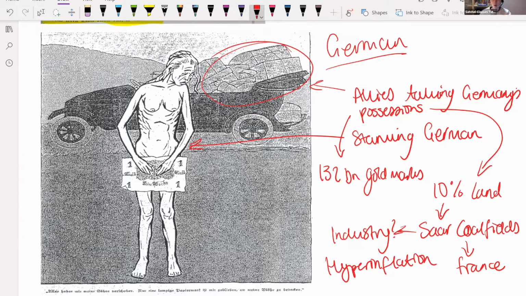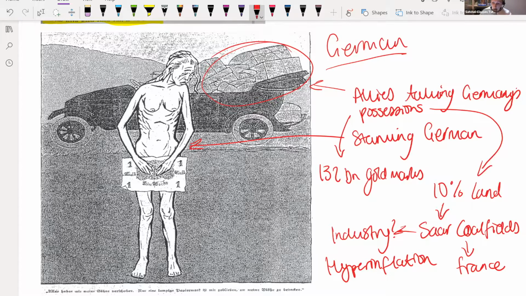Okay, and how could the Germans possibly have enough money for food if they were paying all this money back? They also had lost all their industry, and they're going through hyperinflation at the same time. How is all of this going to happen? Okay, and all of this is directly because of the terms of the Treaty of Versailles.